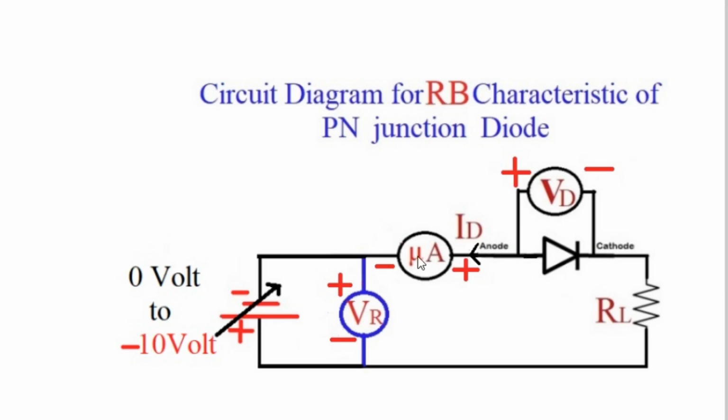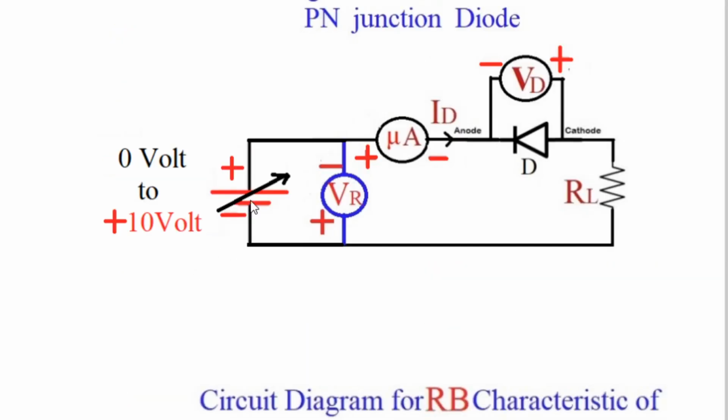Or in other language you say conventional direction of flow of current is from positive to negative. And in earlier case what we have done here, positive to negative, but diode is reverse. That's why that current is also a reverse current.